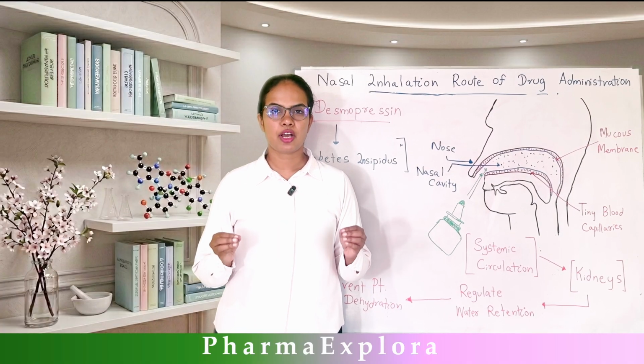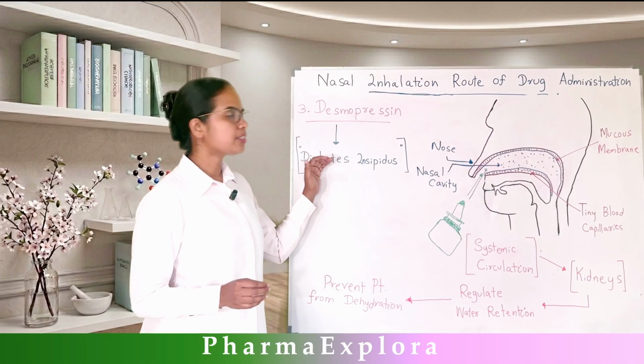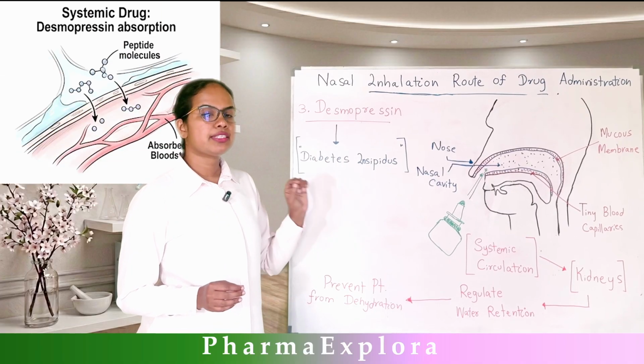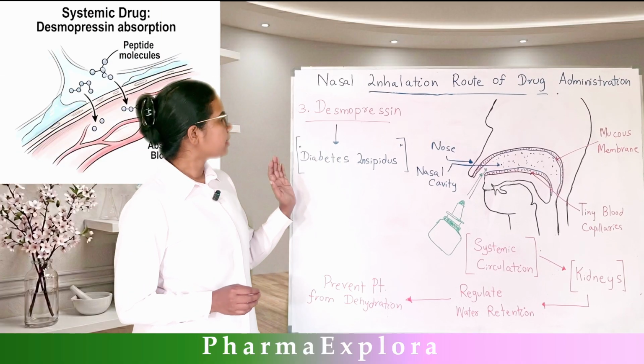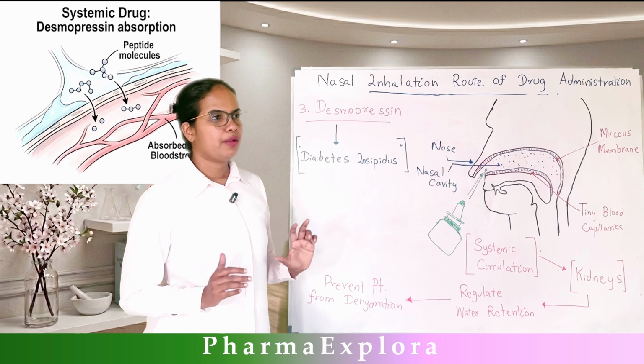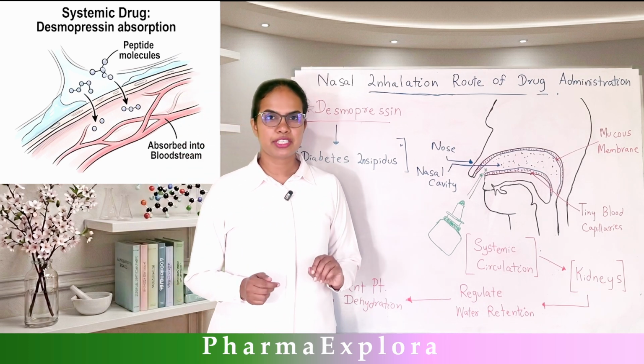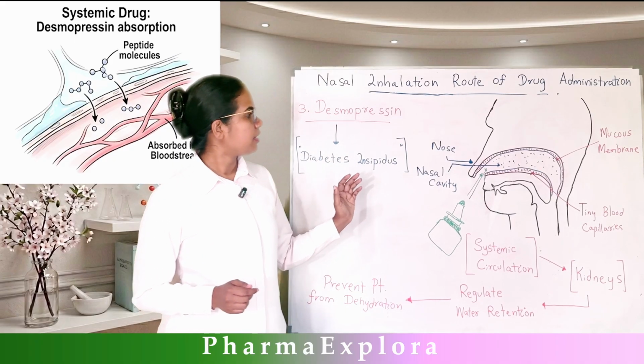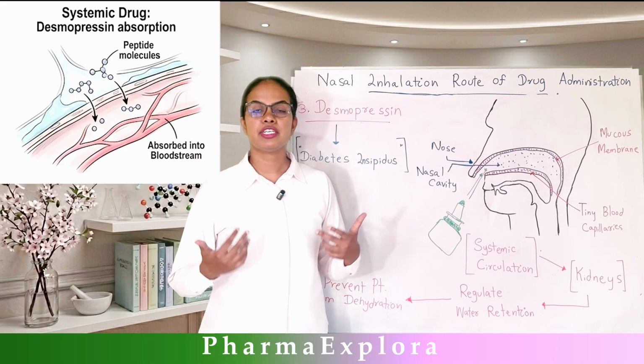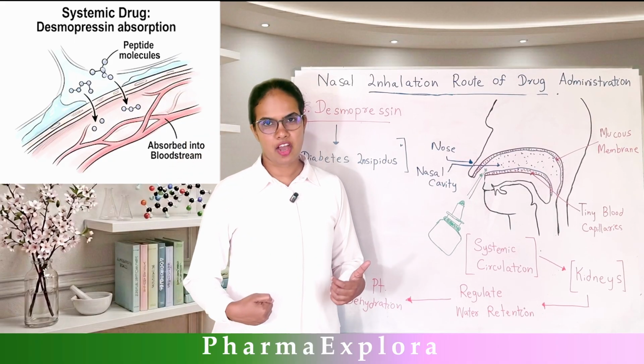Now we are coming to our third example, Desmopressin. Desmopressin is a peptide hormone. This medicine shows the nasal inhalation route's true engineering brilliance by treating a major disorder deep within our body.